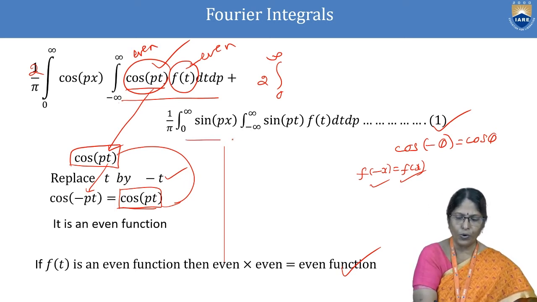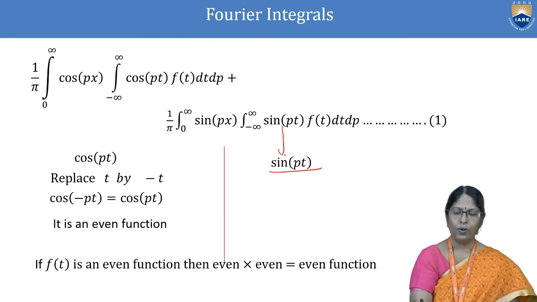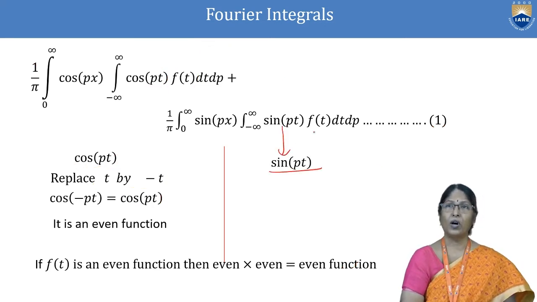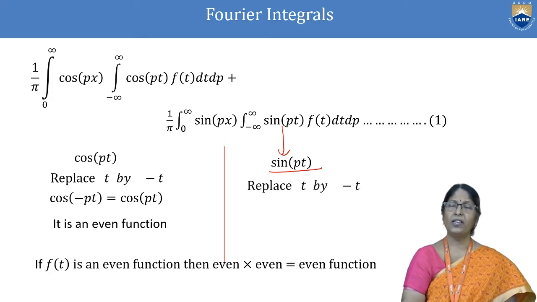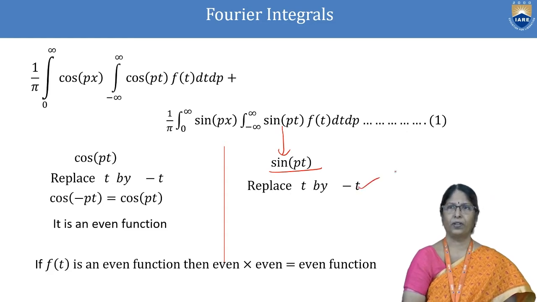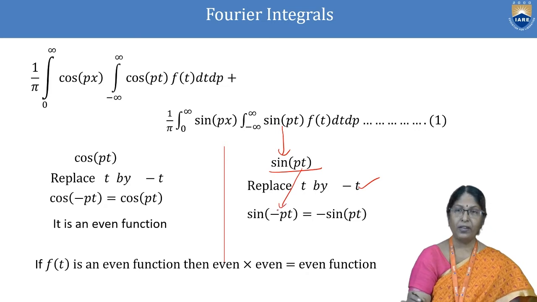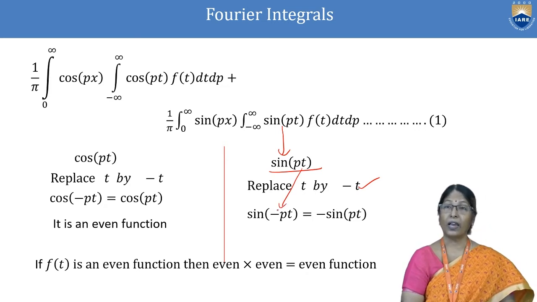Now we will move to the second integral. Now we are taking sine of pt. The same procedure: t is replaced by minus t. So sine of pt becomes sine of minus pt.